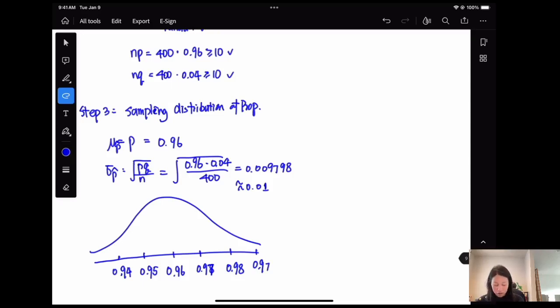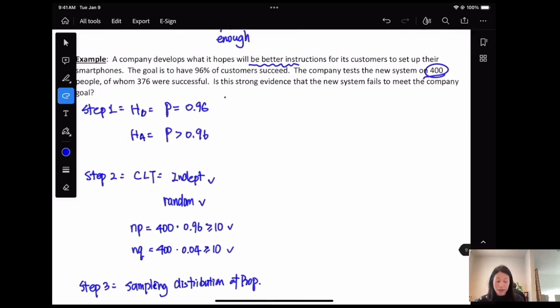All right, so what's our p hat? Well, p hat is the sample proportion. Let's find out what the sample result looks like. Our p hat is 376 people over 400, because that's the success rate.